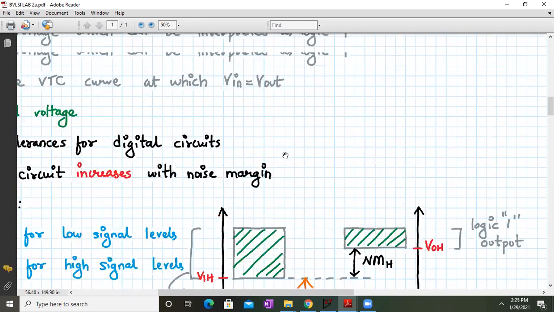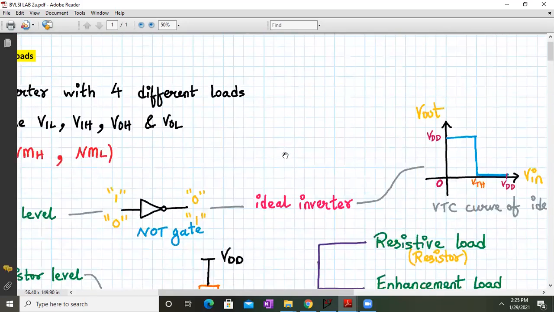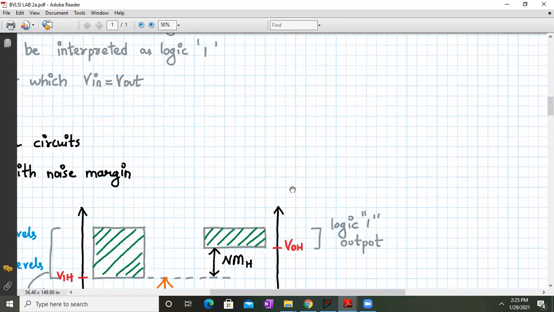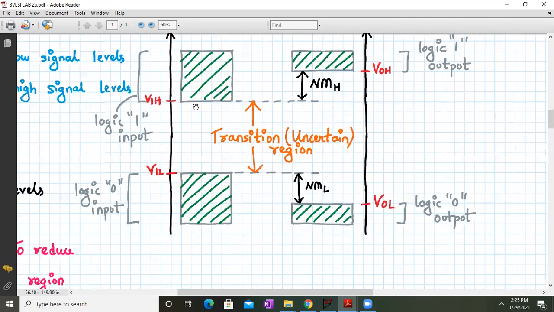If you go over here in this inverter, in this ideal characteristics, if you see carefully, your VIL and VIH are almost equal, right? If VIH and VIL are almost the same, that means we have a very, very small uncertain region. That is the designer's goal: to keep the uncertain region, which is VIH minus VIL, very, very small.